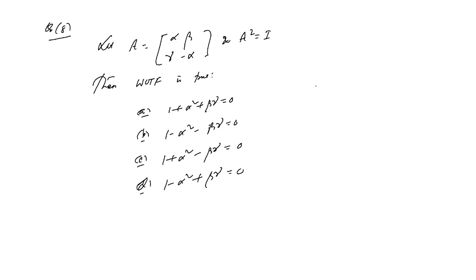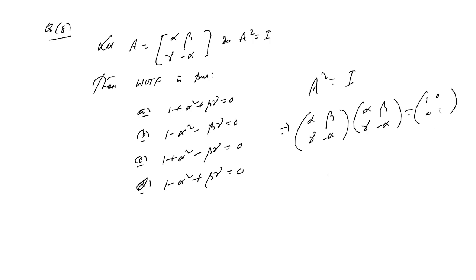This question is so simple. Here A square equals I. You just multiply [alpha, beta; gamma, minus alpha] by [alpha, beta; gamma, minus alpha]. This will be [1, 0; 0, 1]. You just calculate: this will be alpha square plus beta gamma, 0, and here it will be 0, the product of two matrices, and this will be beta gamma plus alpha square.